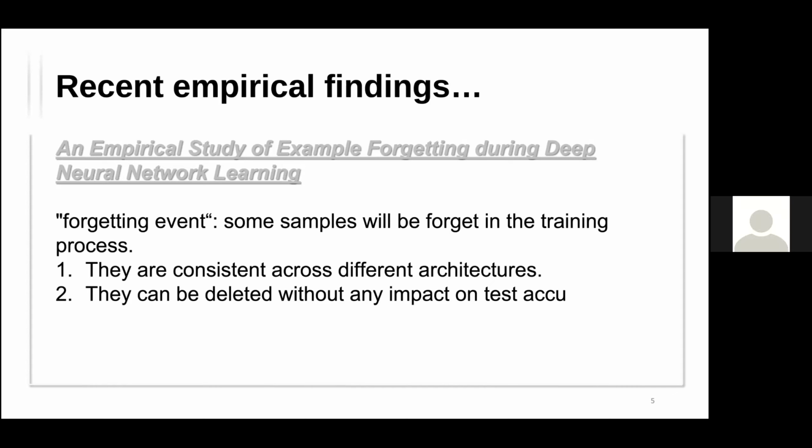You understand this? So the question is, if a sample will be seen by the model in every epoch, how could the model forget it? But this is the truth.